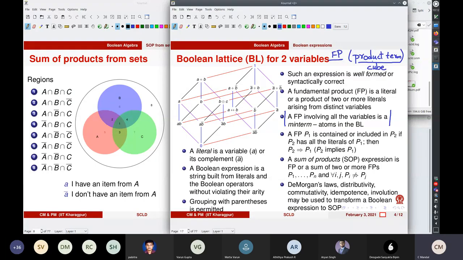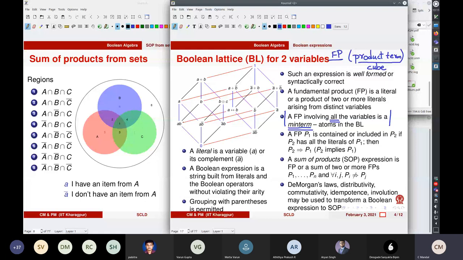But the important thing is, a fundamental product involving all the variables. This is important. All the variables is called a mean term. This is very important. And you can see that these are the mean terms.